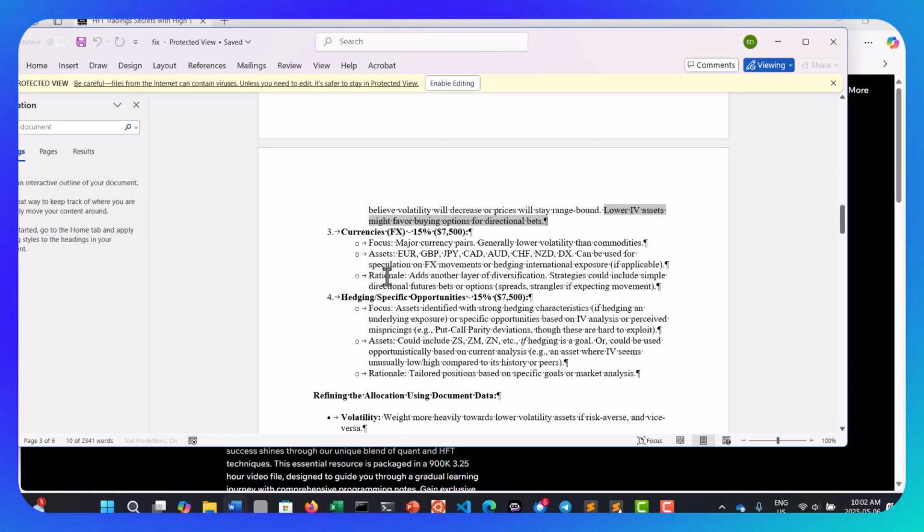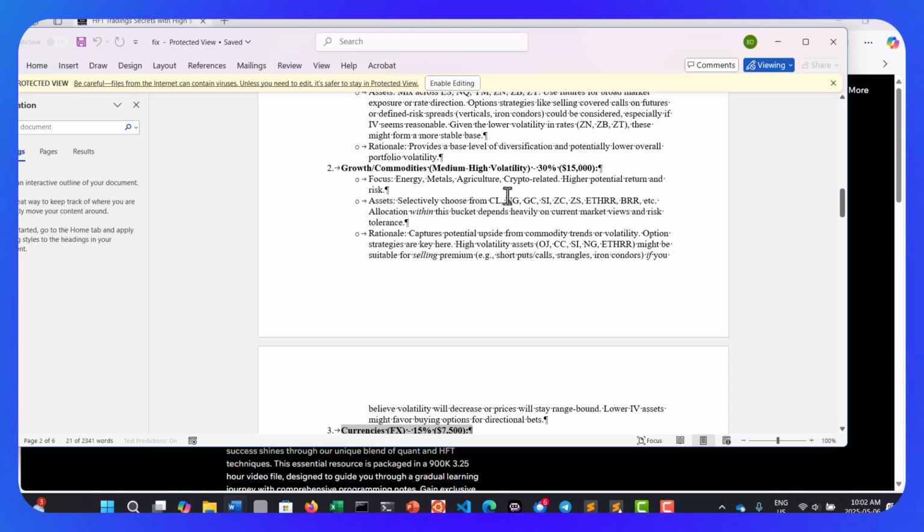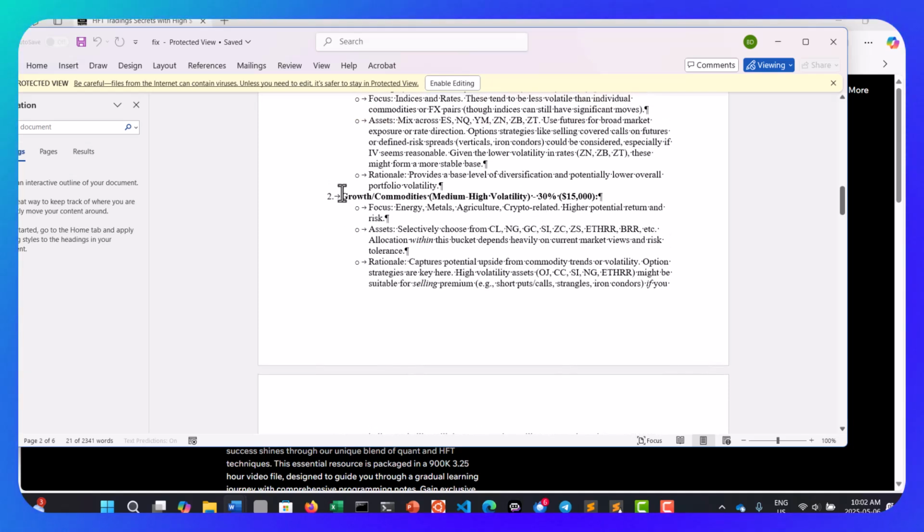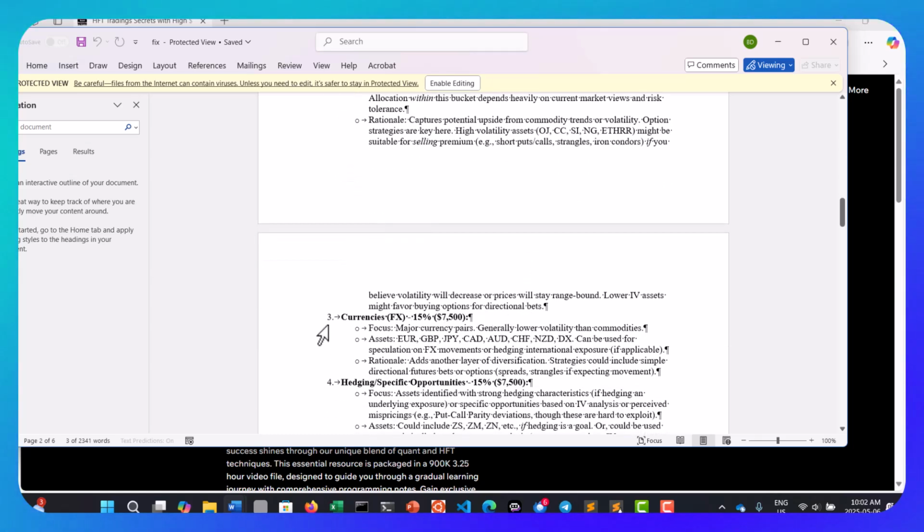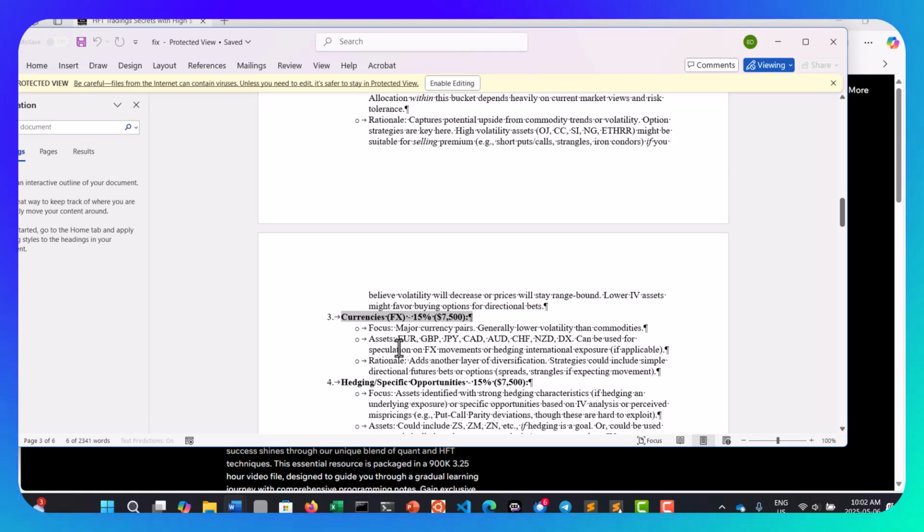Okay, so we have different ways with the currencies. So again, suggested here, 30% would be these growth commodities as well, if you had 50,000. Here, with the currencies, you set at 15%. Here, what we're trying to do is have lower volatility than commodities.